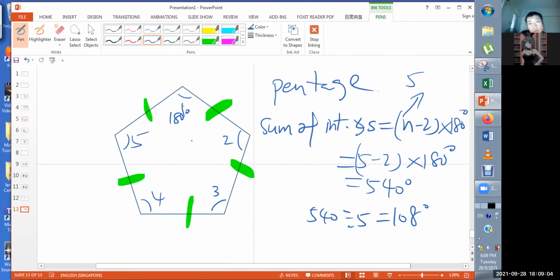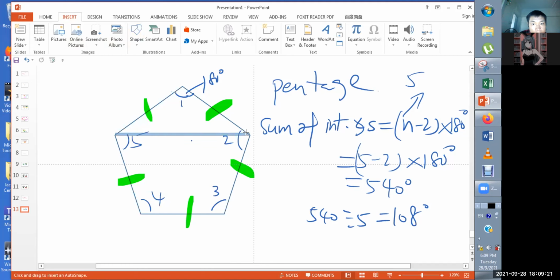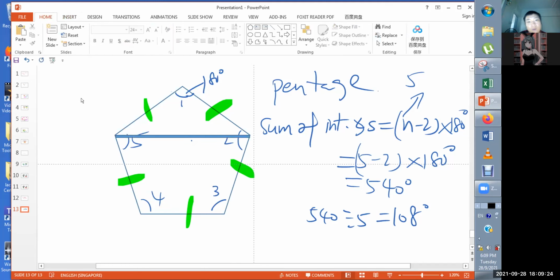So if this is 108, let me just give you one more question similar to the question just now. This is 108. So what if they add one line here? Okay, they add one line here, and they ask what is the angle here?